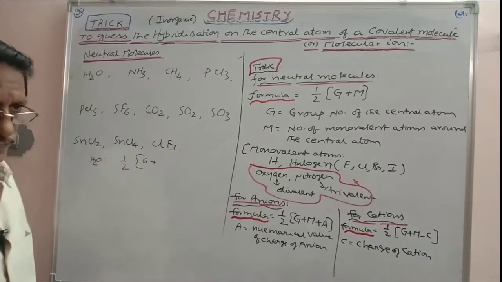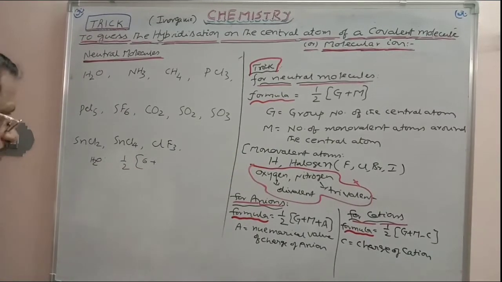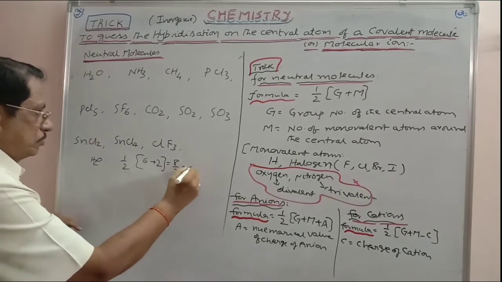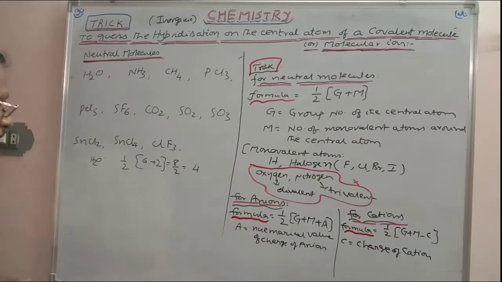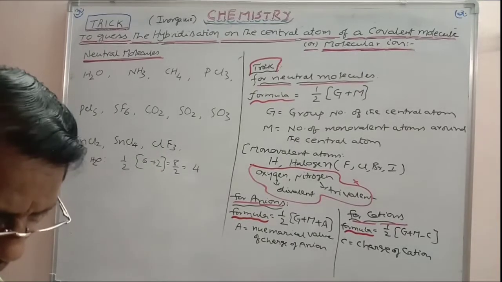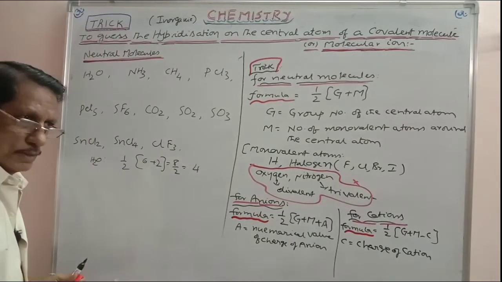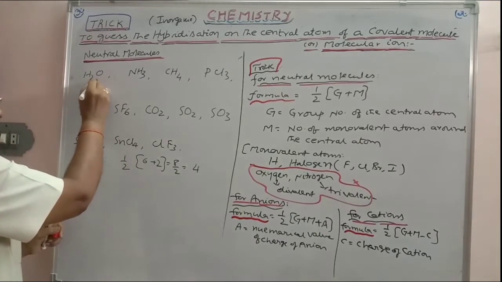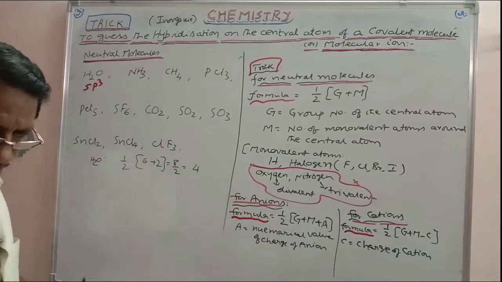Hydrogen is monovalent, so the number of monovalent atoms is 2. So this is equal to 8 by 2, which is equal to 4. When 4 is obtained, what is the hybridization? Refer to the list. It is sp3 hybridization.